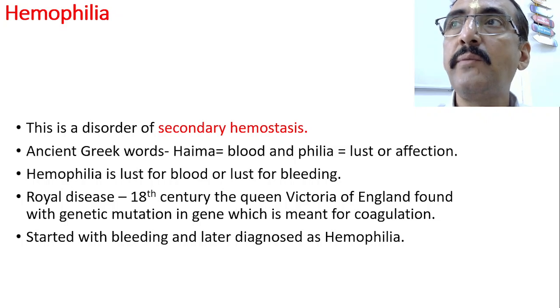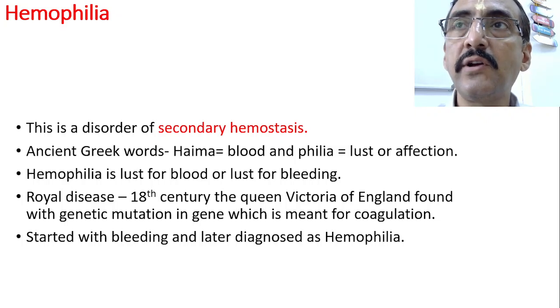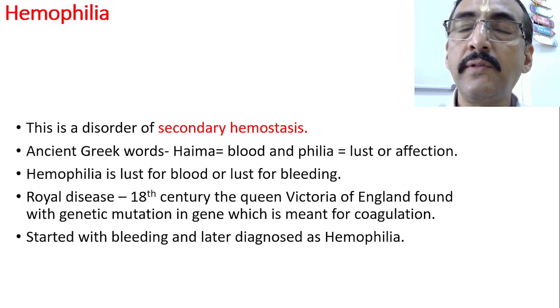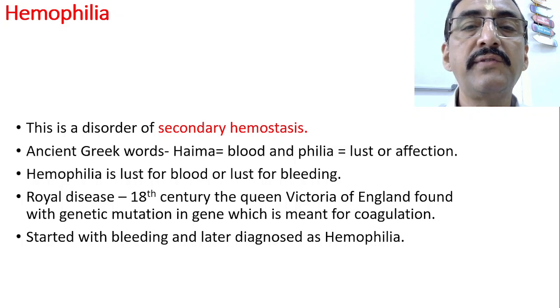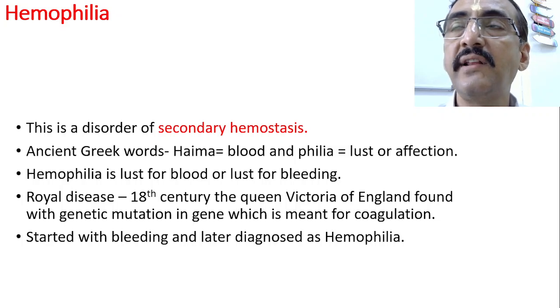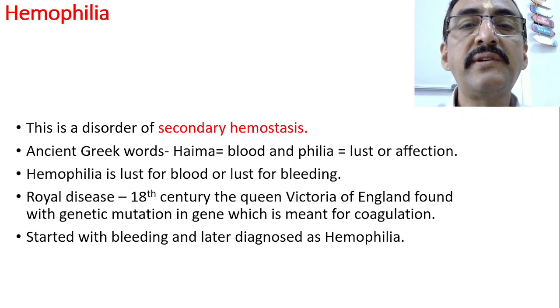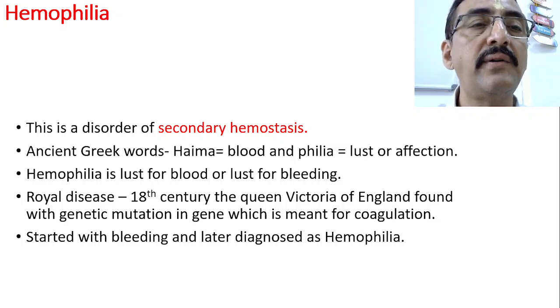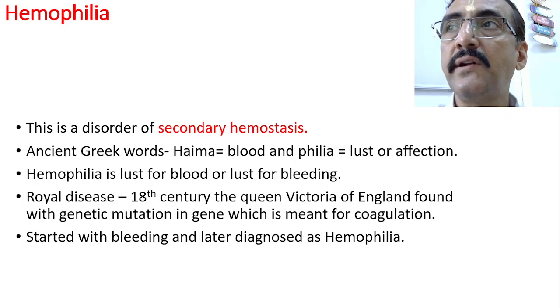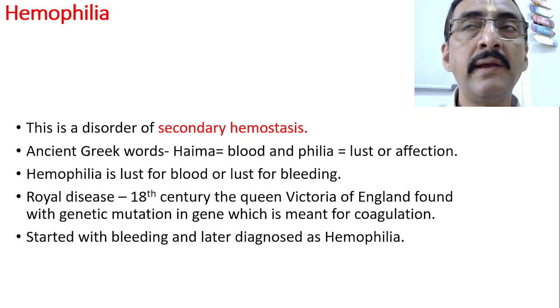Whereas the formation of the permanent, stronger plug is secondary hemostasis. That is the function of the clotting factors. So when I say secondary hemostasis disorder, that means this is related to the clotting factor, and in the clotting factor also, it is related to the intrinsic pathway.